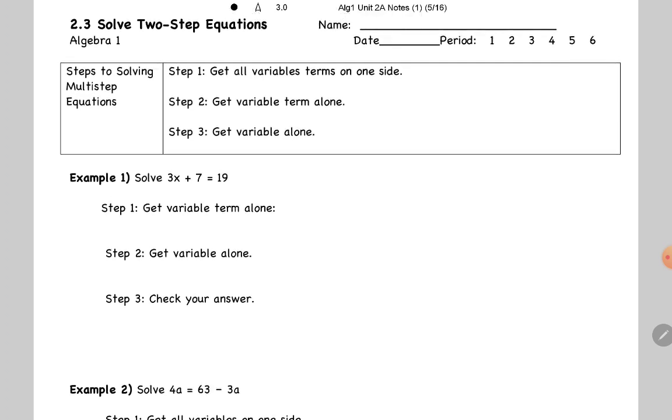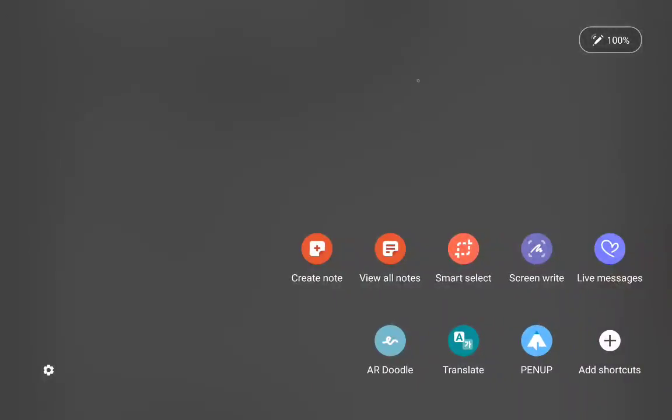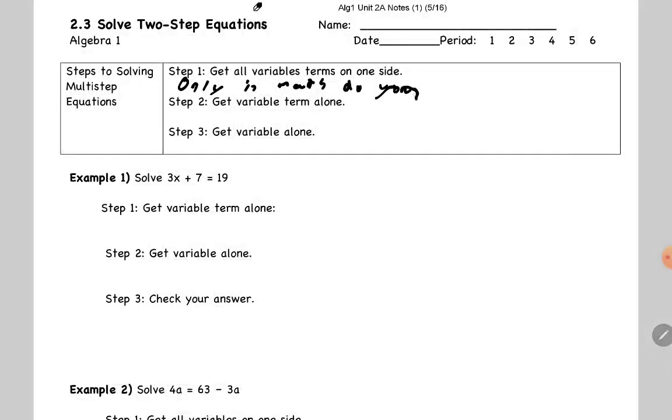I was just looking at my notes, and I guess I'll give you this joke. Only in math do you want all your x's together.